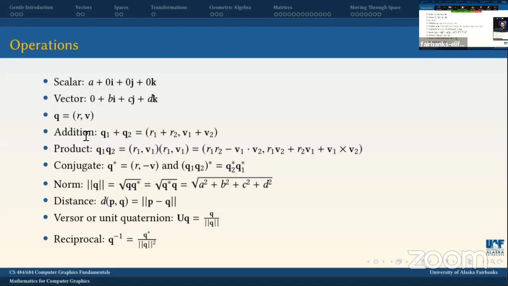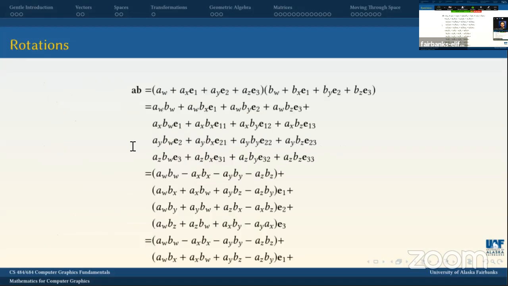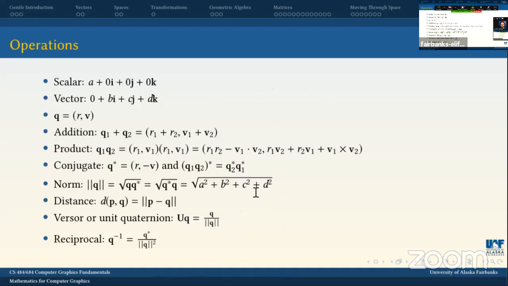If we wanted to add two quaternions together, we can just add the real parts and add the vector parts together. So that works the way we'd expect it to. If we were to multiply two quaternions together, this is what it looks like, and this is what it means. The real part is R1 R2 minus the dot product of V1 and V2, which we saw.